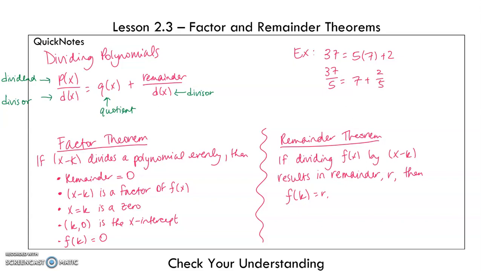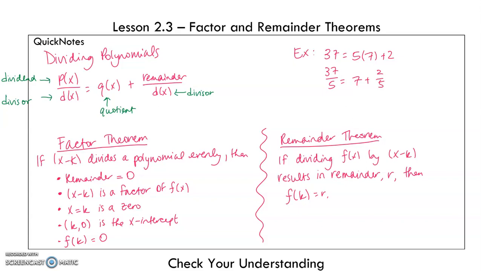Sometimes you have a remainder, sometimes you don't. Just like 37 divided by 5 is the same thing as 7 plus 2/5, or 7 2/5. And I can rewrite this as 37 is equal to 5 times 7 plus 2. That's multiplying the divisor by the quotient plus the remainder. You can go back and forth either way.